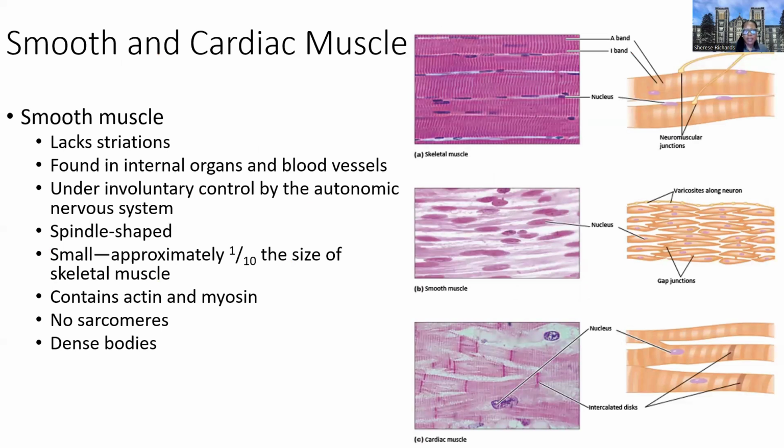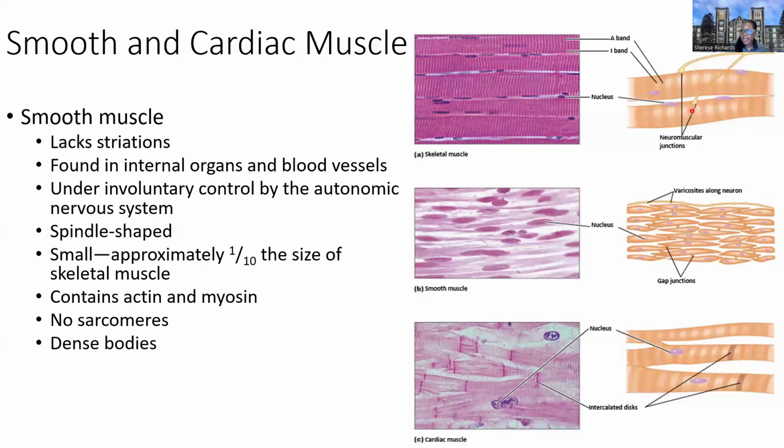So smooth and cardiac muscle. When we look at smooth muscle specifically, it has unique features that we don't see with cardiac or skeletal, because both cardiac and skeletal are considered striated muscle, in that they have this elongated, sort of striped or striated appearance because of the sarcomeres that are present on both of these types.